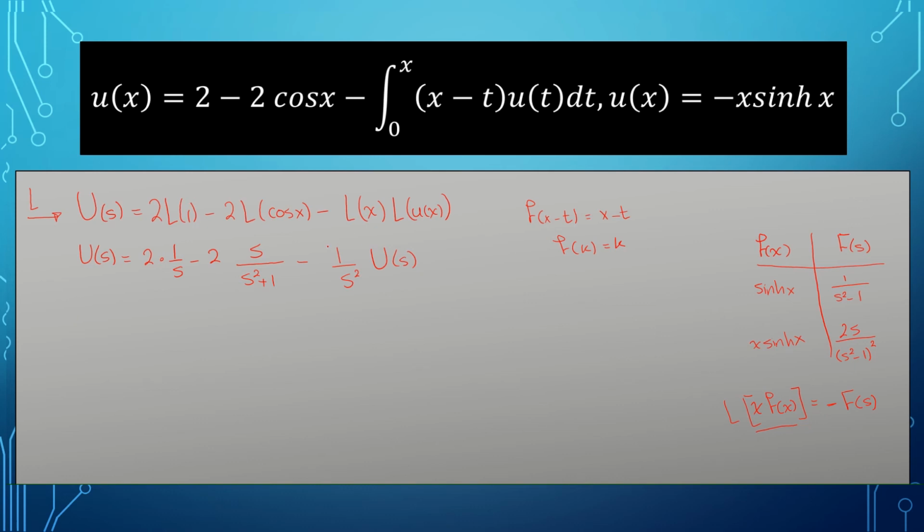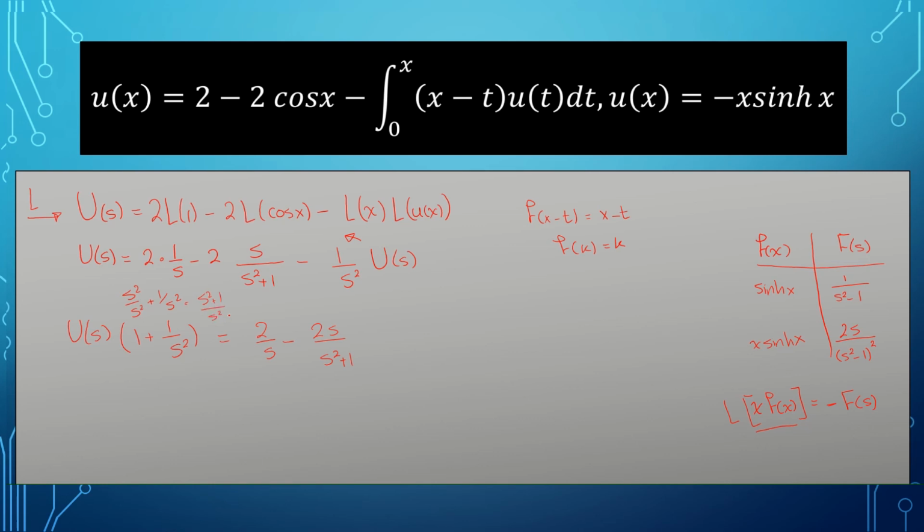again take this U of s to the other side, so this will give us U of s multiplied by 1 plus 1 over s squared equal to 2 over s minus 2s over s squared plus 1, and here we can write it as s squared over s squared plus 1 over s squared, which is (s squared plus 1) over s squared.